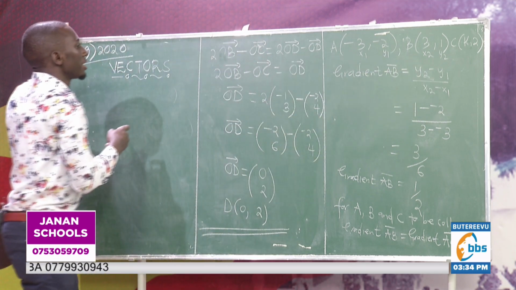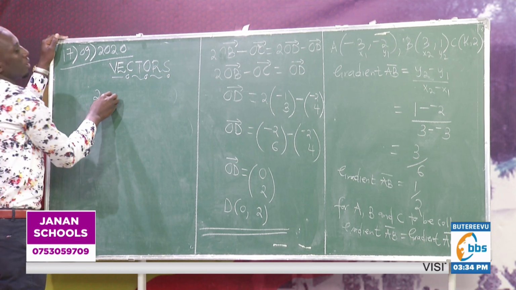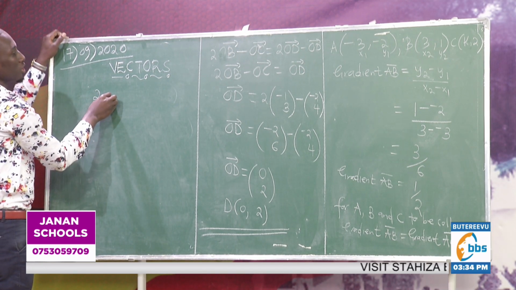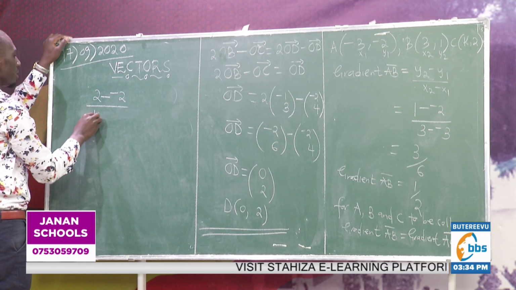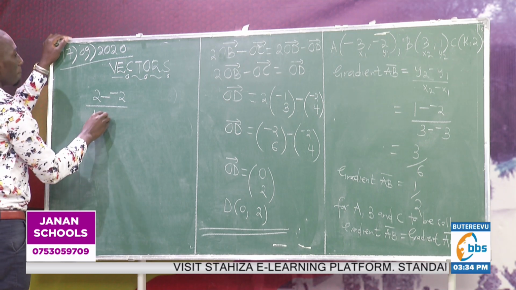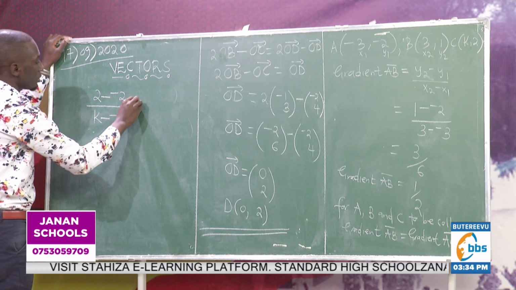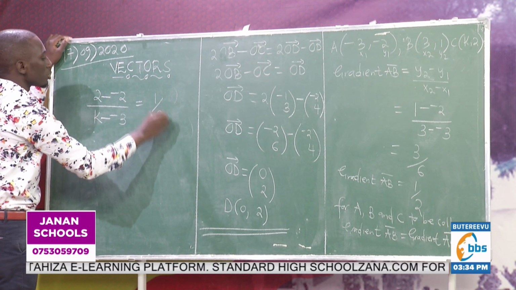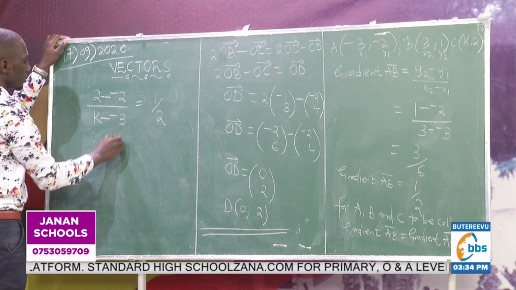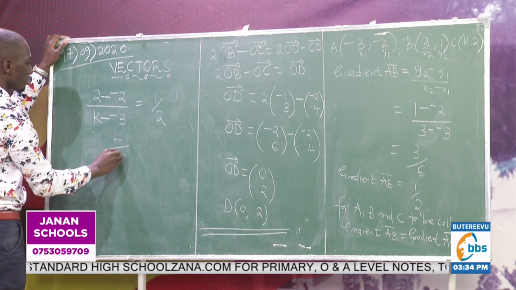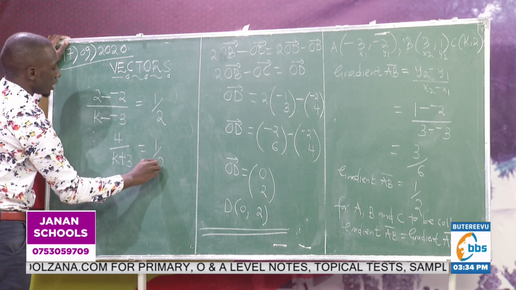I'm taking my 2 as my y2, then minus y1, which I'm taking from A, so this will be negative 2, then divide by my K, which is the x2 now, minus the x1, which is negative 3. So I'll have that, and this will be equal to a half, because already I have the gradient of AB. When I work out this, the top becomes 4, and down here I'll have K plus 3, equal to a half.